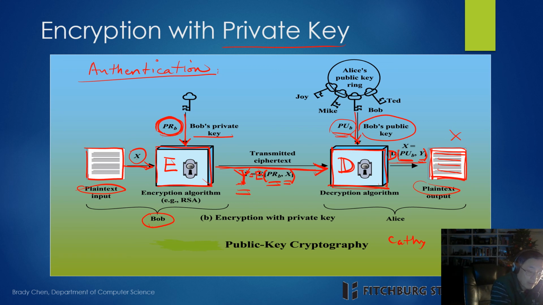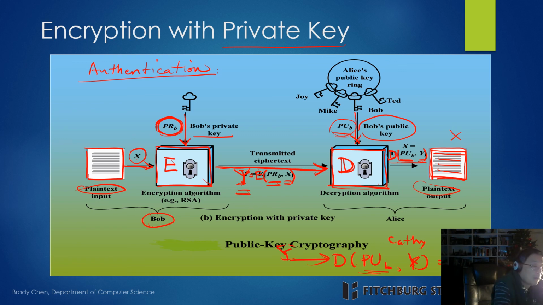If the message can be decrypted using Bob's public key, and you get the message X, then that message must be the message sent by Bob, because any message that can be decrypted using Bob's public key must be encrypted using Bob's private key. Now, who can encrypt a message using Bob's private key? Only Bob, right? That's the assumption.